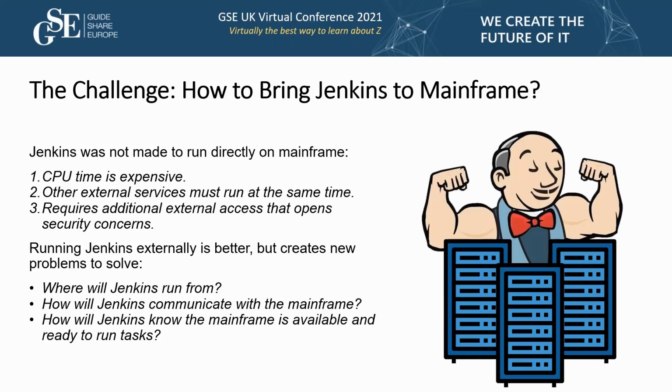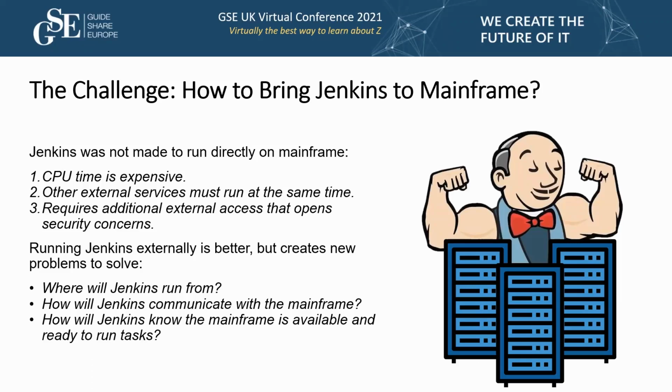And you need to open additional access for external services, which is costly and unreasonably difficult, and creates additional security challenges. Due to these challenges, among others, teams shouldn't run Jenkins on the mainframe itself. Instead, they should keep Jenkins an external service that they run on a separate server.